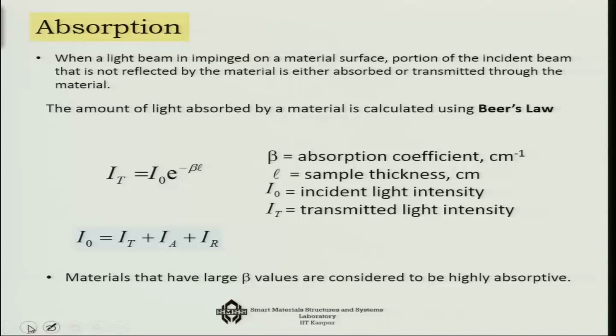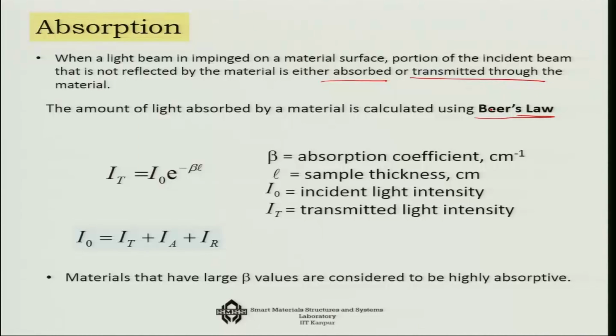Now, let us come to the absorption part of it. When a light beam is impinged on a material surface, the portion of the incident beam that is not reflected by the material is either absorbed or transmitted through the material. The amount of light which is absorbed by a material can be calculated using Beer's law.